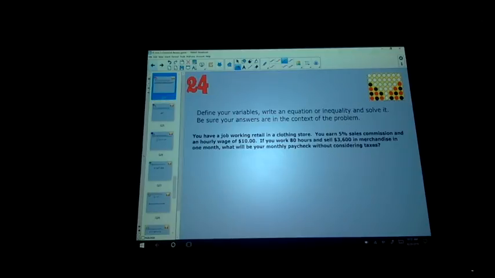Okay. So 10 times the 80, that's given us $800 right off the bat. So we didn't get any commission yet, right? That means that $2,400 came from your paycheck.